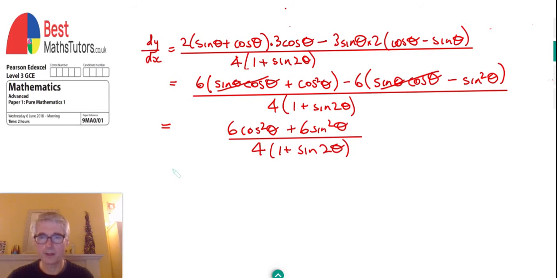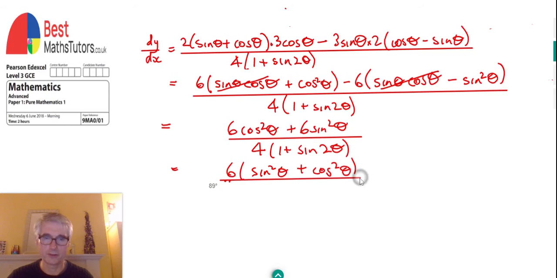And then I can factorize the top line there, and I'm just going to change the order of the sine squared and the cos squared, just so it's in a more familiar form. Sine squared theta plus cos squared theta all over this again. And we're nearly there.